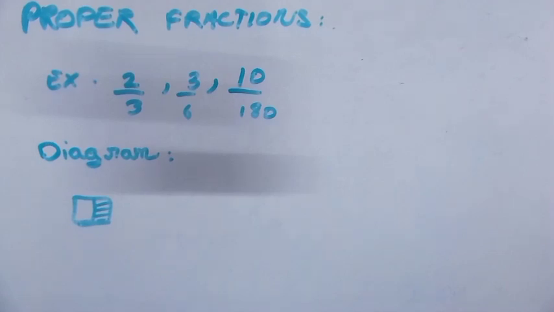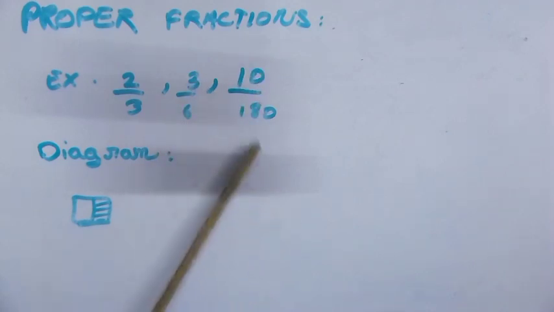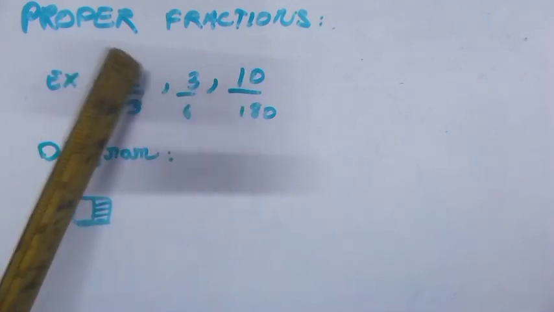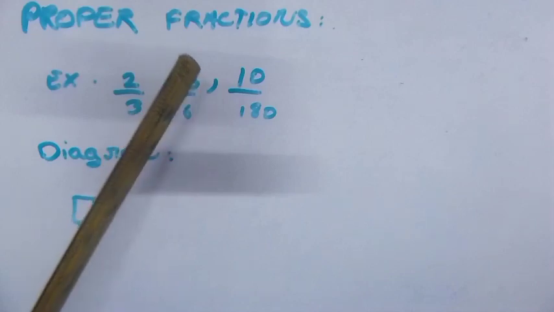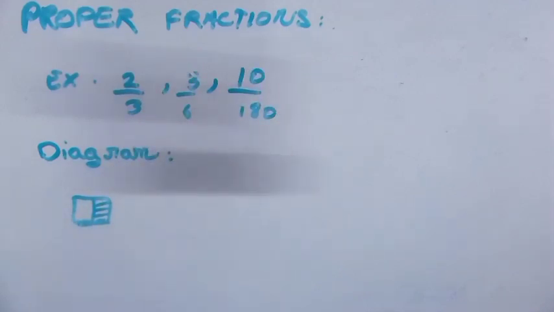If you take a clear look, you will find that the numerator is always less than the denominator. So 2 is less than 3, 3 is less than 6, 10 is less than 180. Any fraction whose numerator is less than the denominator is called a proper fraction.